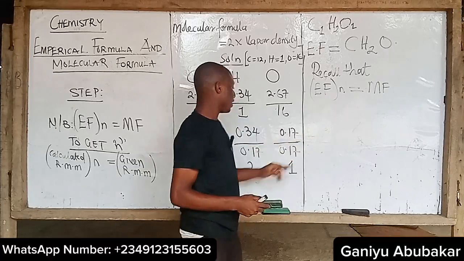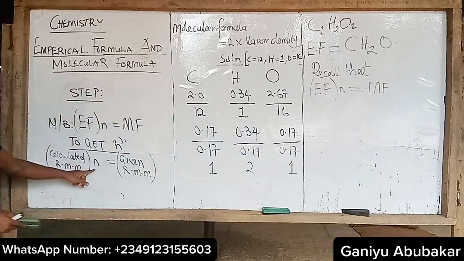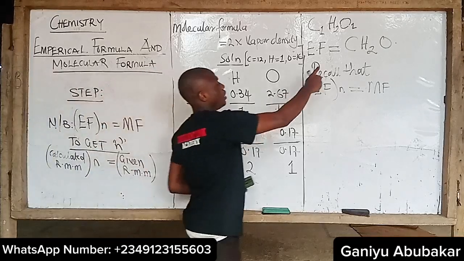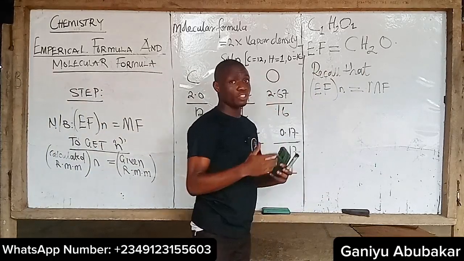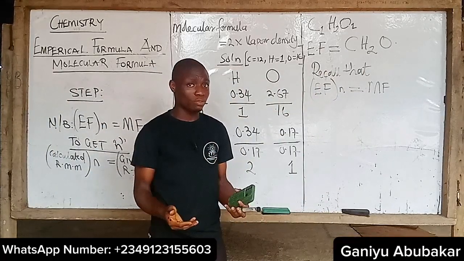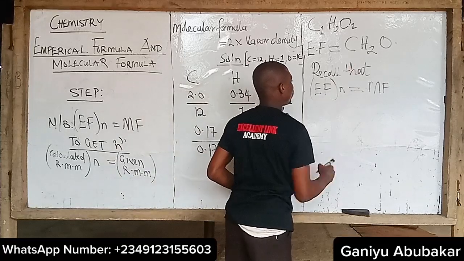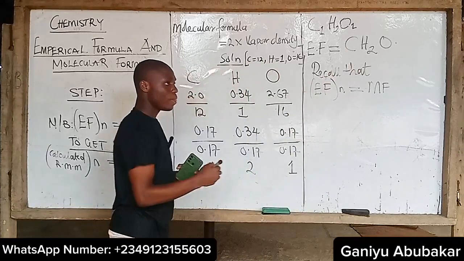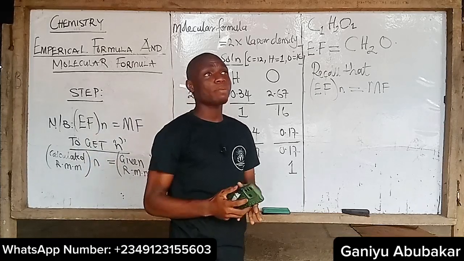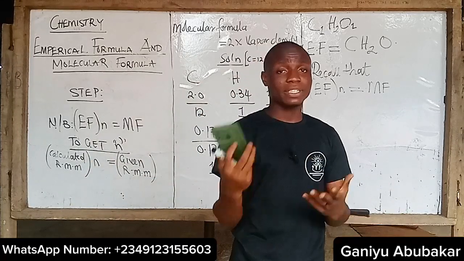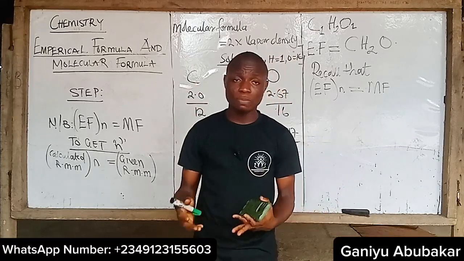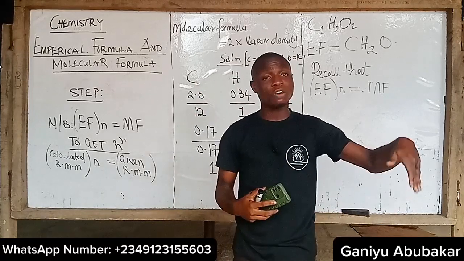To get n, we calculate the relative molecular mass. For this compound, I have to look for its relative molecular mass. If you don't know how to calculate the relative molecular mass of a compound, I'll drop the link in the description of this video.